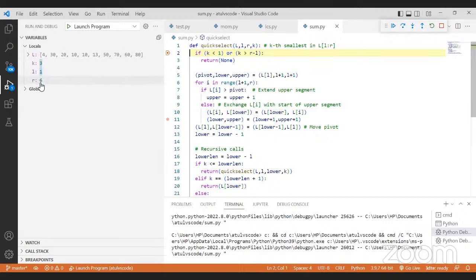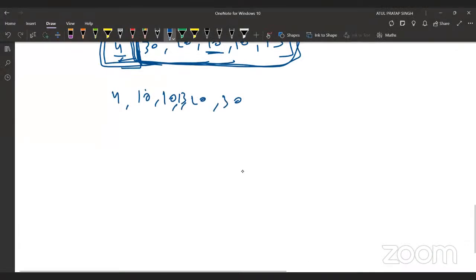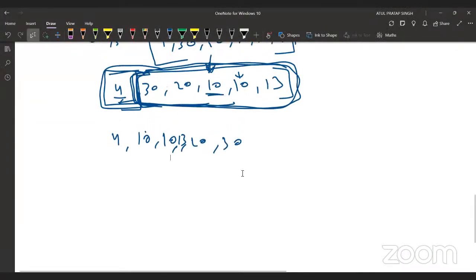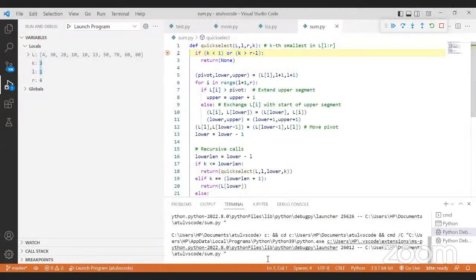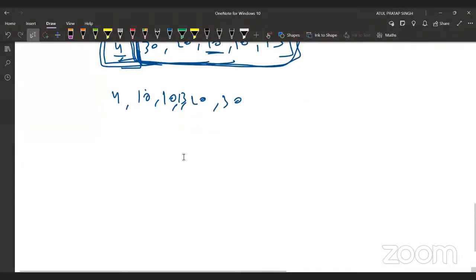So R is 6, that means we are going till here now. The input list is now 30, 20, 10, 10, and 30.